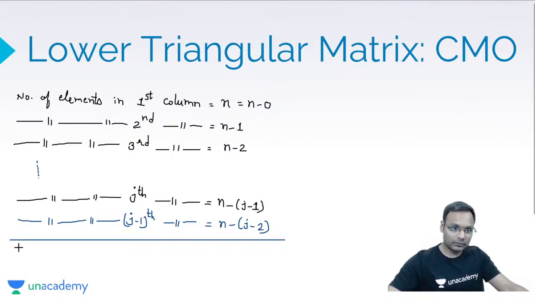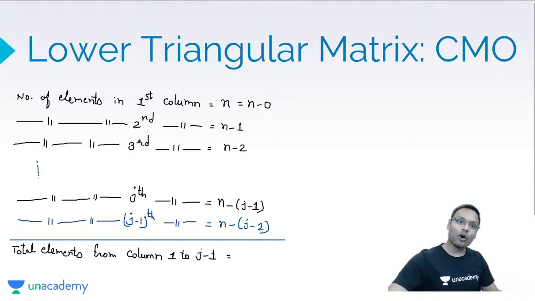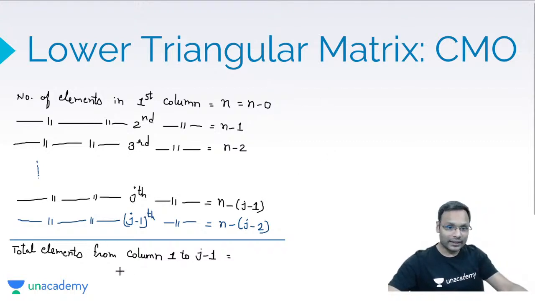I am writing here: total elements from column number 1 to j minus 1 is equal to n minus 0 plus n minus 1 plus n minus 2 plus n minus 3 plus n minus 4 plus n minus j minus 2.